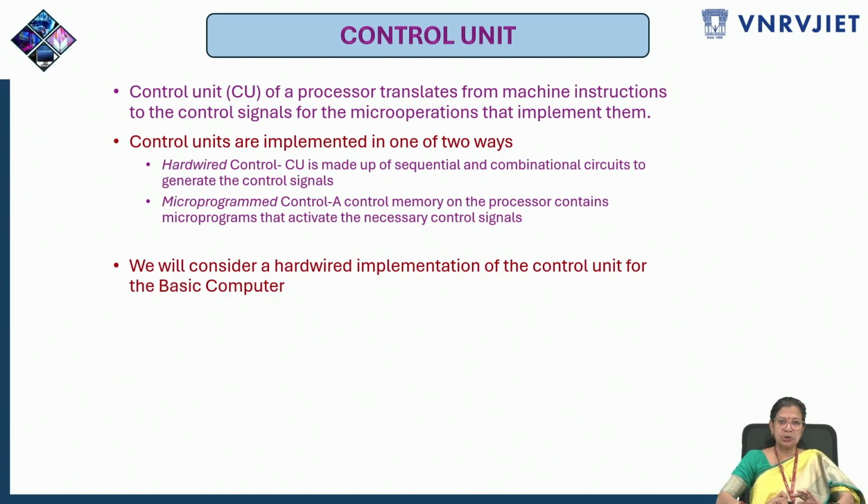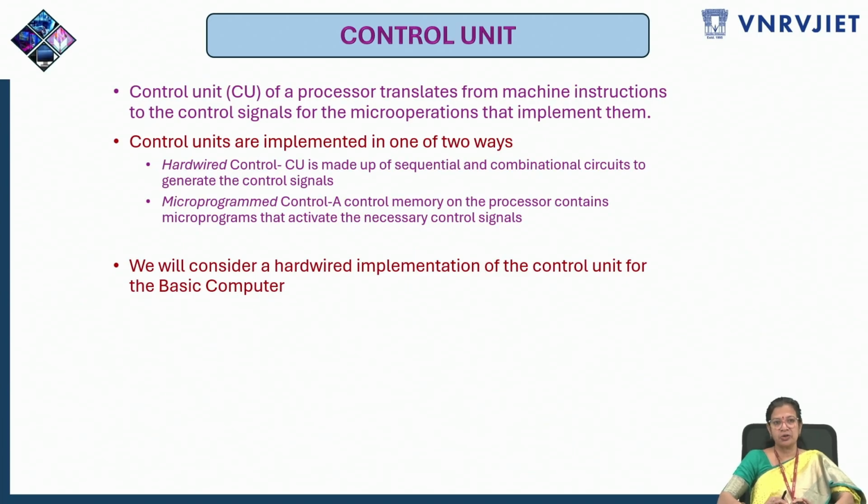The control units are implemented in two different ways. One is the hardwired control and the other is the microprogrammed control. In a hardwired control unit, it is made up of sequential and combinational circuits, and the control signals are generated by these hardware units.